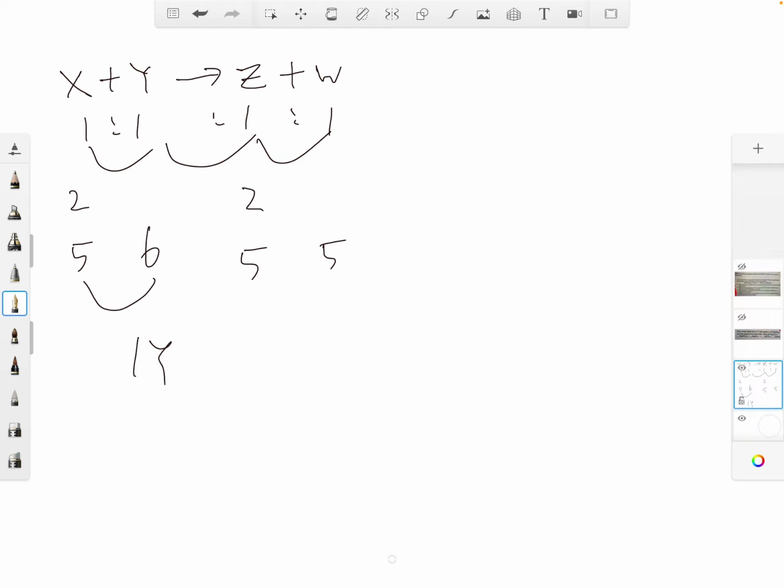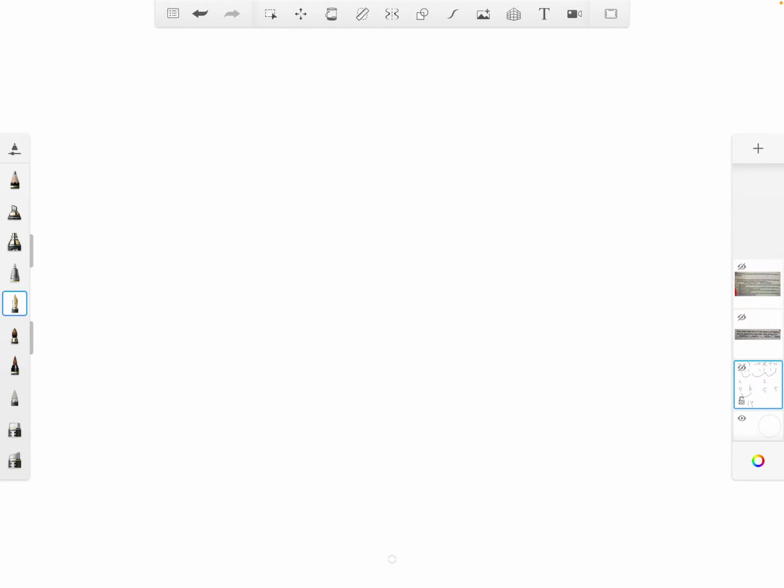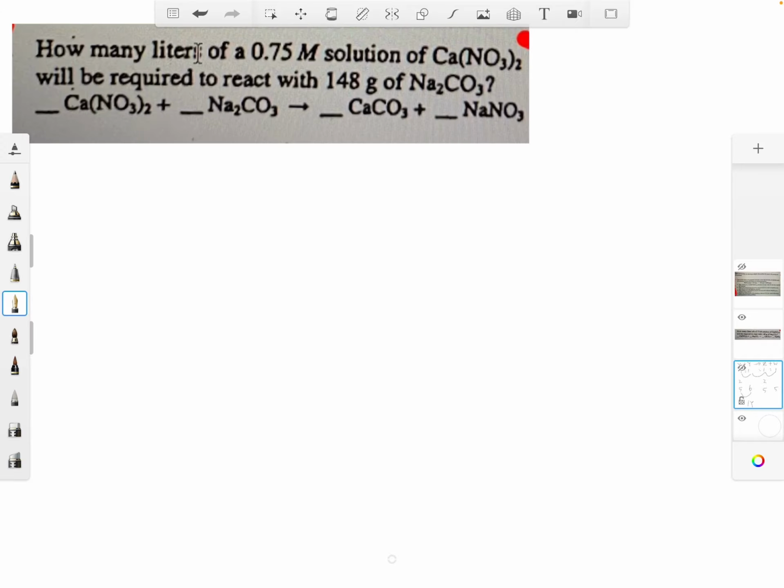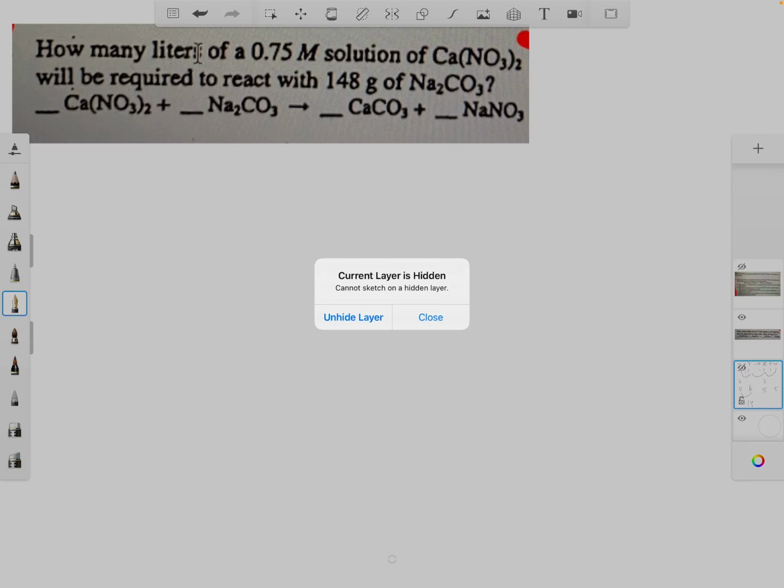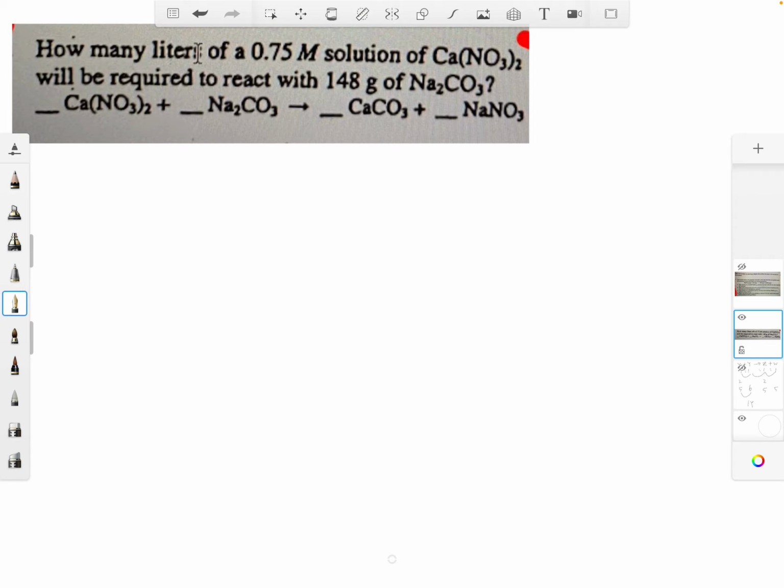Next, we'll look at some actual problems, okay? So let's look at this one here. We have an equation with the reactants. This one reacts with this one, resulting in this one and this one. First things first, we need to balance the equation.